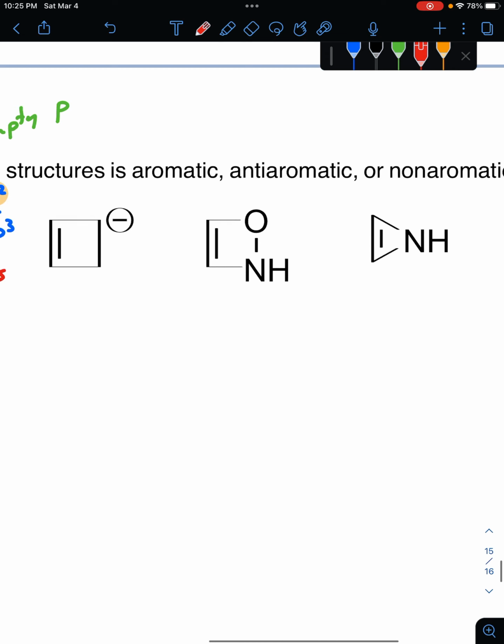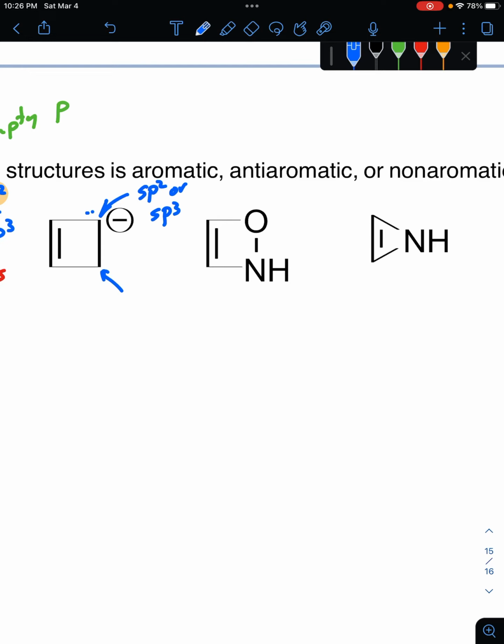Okay, this next one is not a heteroatom per se, but this has a lone pair and a negative charge. This could either be sp2 or sp3, and it would take an sp2 hybridization to put the lone pair electrons in a p orbital if there is a reason to do so, if it could be aromatic, right? But let's think about whether this could be aromatic or not.